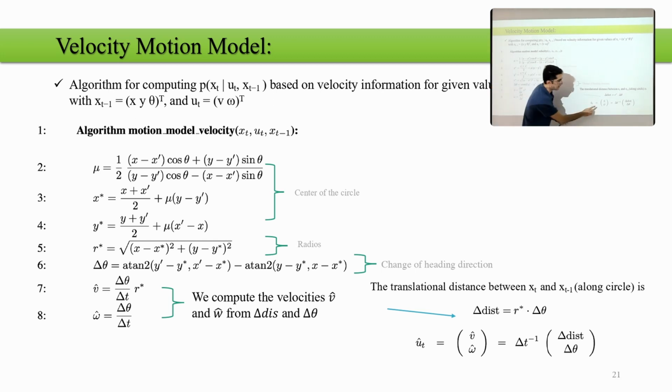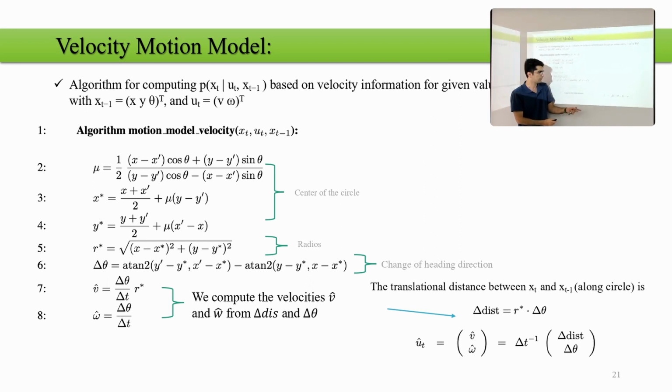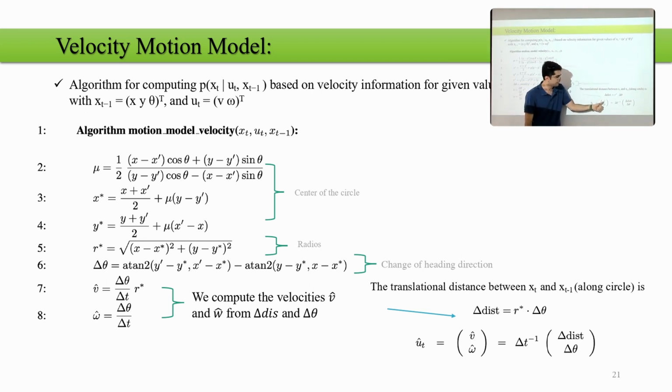Using that amount of movement and amount of change, we can write our motion command. Our motion command, v hat and w hat, is equal to delta t transpose times delta distance and delta theta. This delta distance is this term over here; we plug it here. If you multiply it on this, we get this term over there.